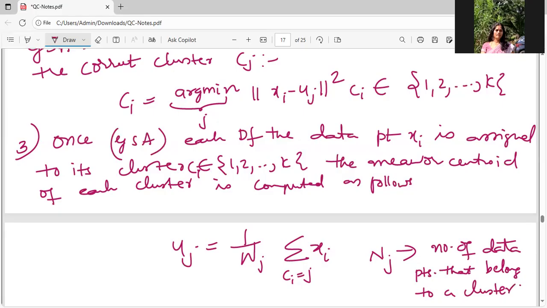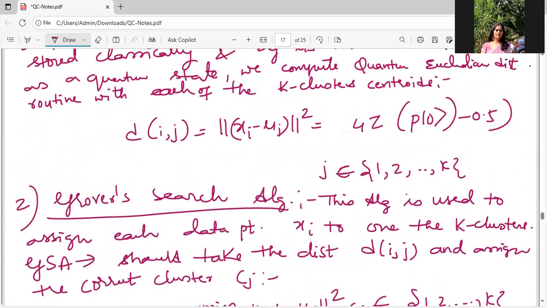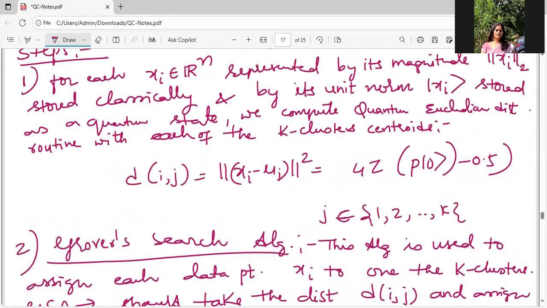Okay. Basically it is this. That's it. The 3-step process. Repeat this procedure until it converges. Okay. Repeat these steps until they converge. When does the algorithm converge? When the data points stop changing the cluster over subsequent iterations.